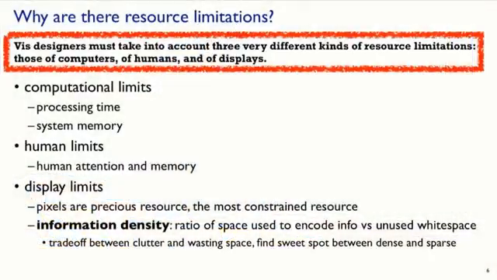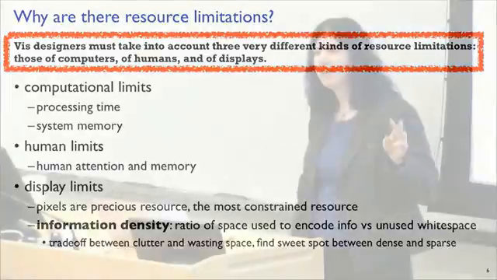Now, there's another interesting idea, which is that there's actually some resource limitations of 3 very different flavors. And computers and humans and displays all have their limits. Now, for those of you who came out of computer science, the idea that there's computational limits that we care about, like CPU time or system memory, this is obvious, and we are used to thinking about them as computer scientists.